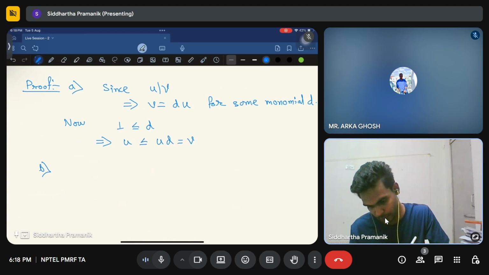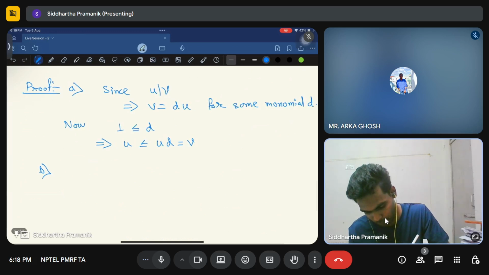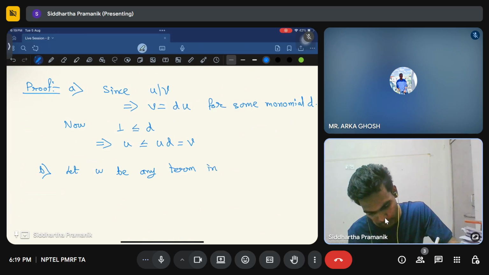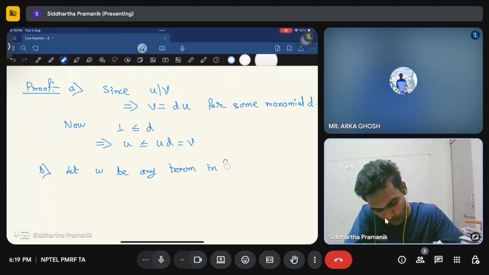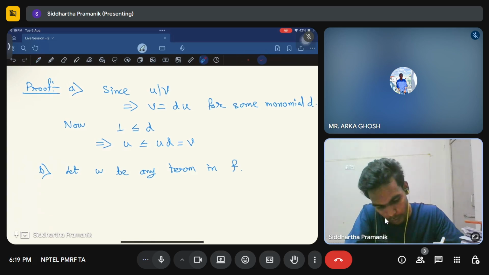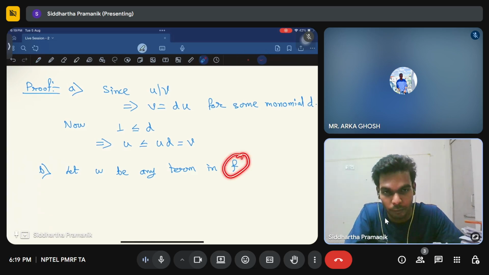So let's prove this. Let w be any term in f. A polynomial is a sum of monomials, right? So w is any monomial involved in the expression of f.